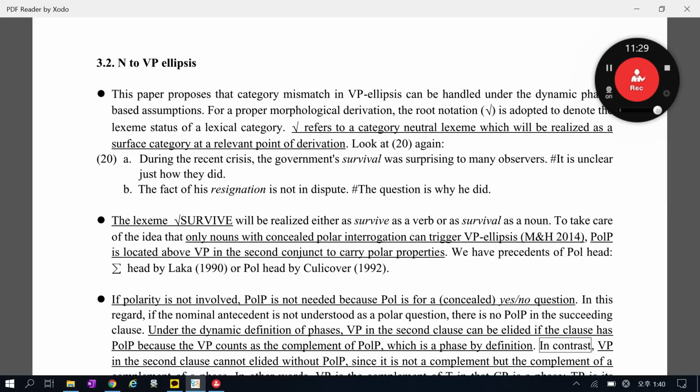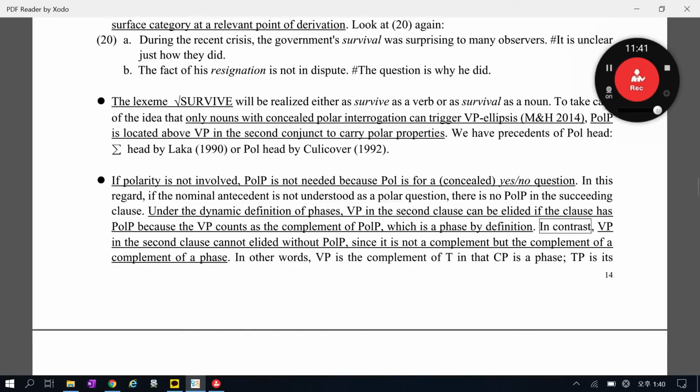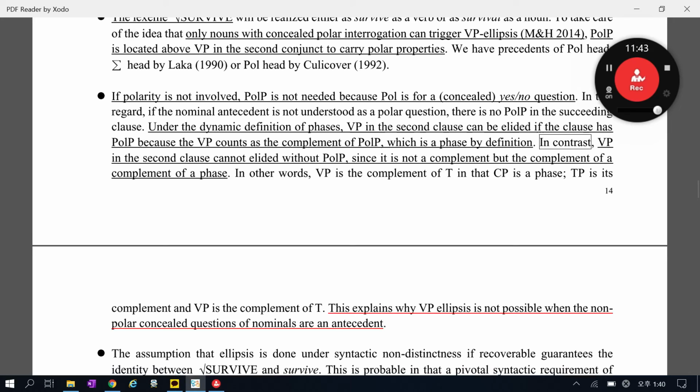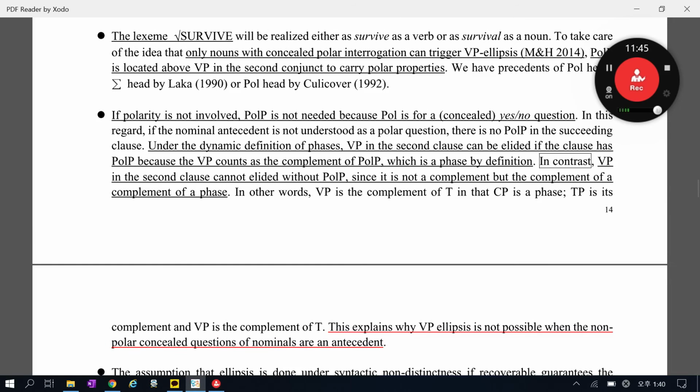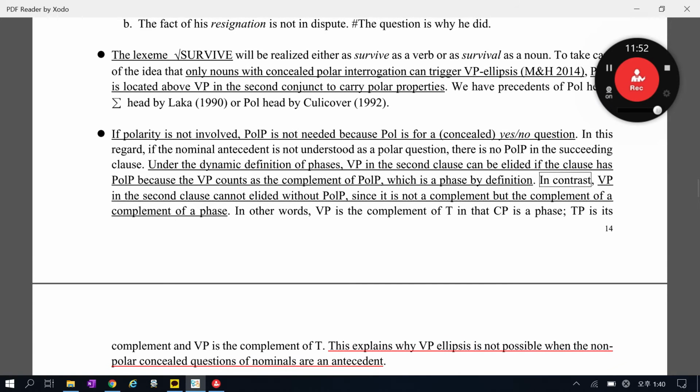So we have a projection of a PolP head, the Sigma head by Laka, or the Pol head by Culicover 1992. If polarity is not involved, PolP is not needed, because Pol is for a concealed yes-no question.